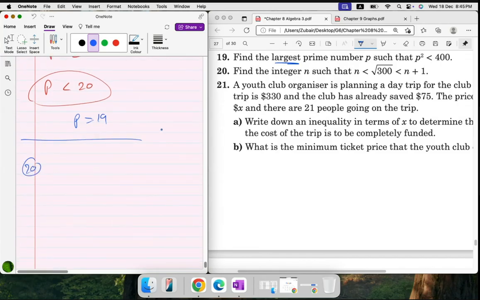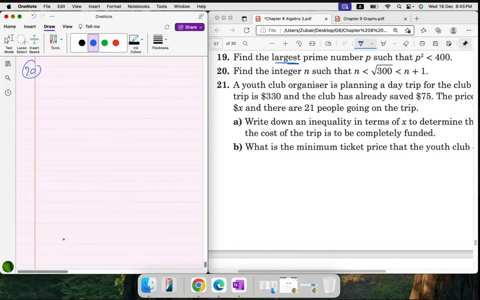Question number 20. Try this. So I'm getting 17.